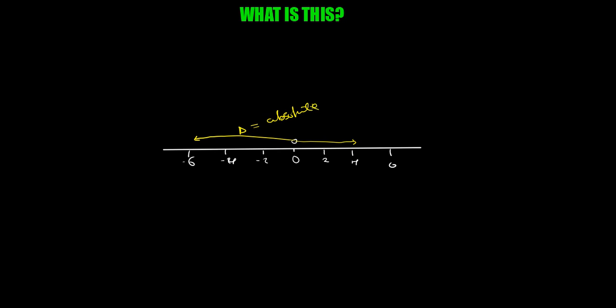Since it's a distance, we can't report a distance in negative form. So we report a distance in positive form. A distance will always be positive. Okay. So that's the whole idea of absolute. That's the meaning. So it's just a value on a number line starting from 0.